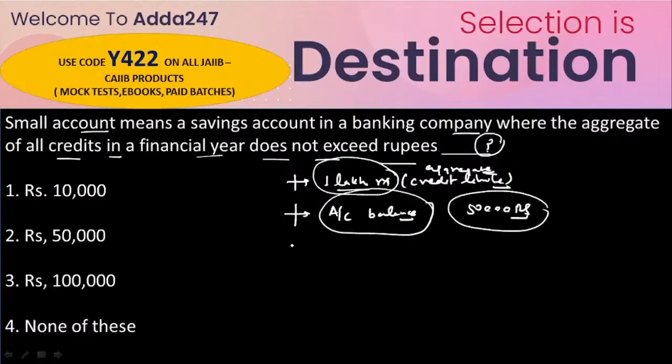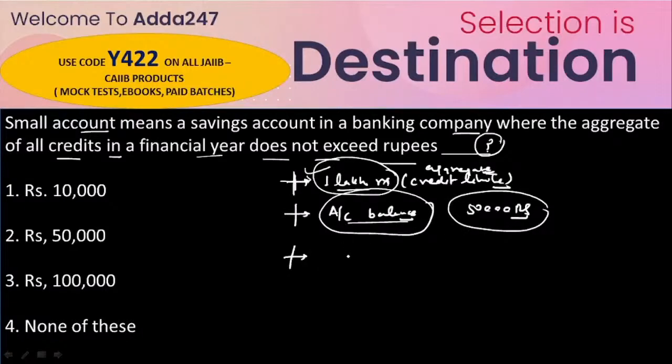That is also important. Please write down these features in your copy. So the aggregate of all credits in the financial year does not exceed 1 lakh rupees, and the account balance at any point of time should not exceed 50,000 rupees.